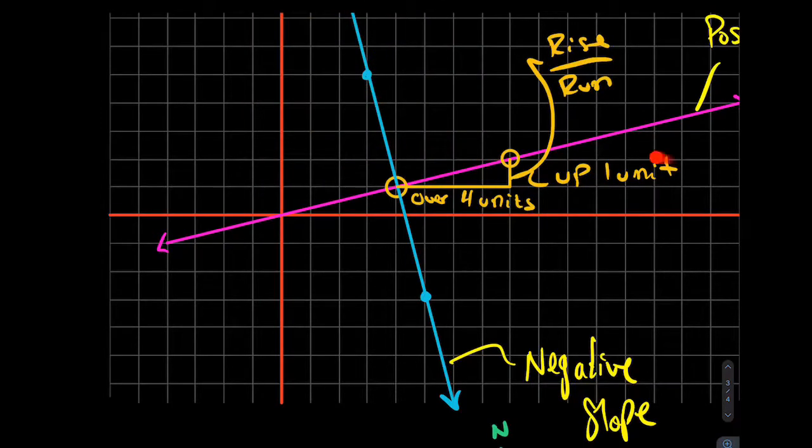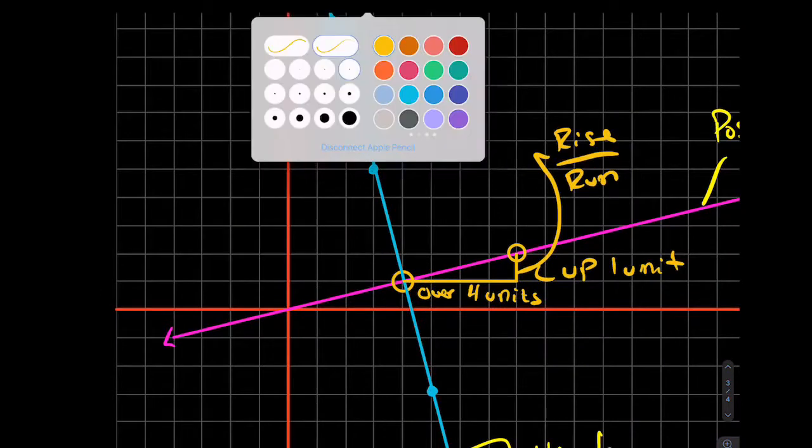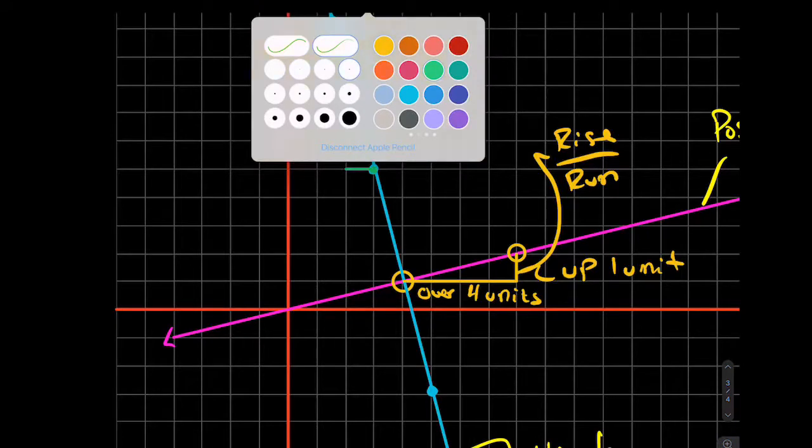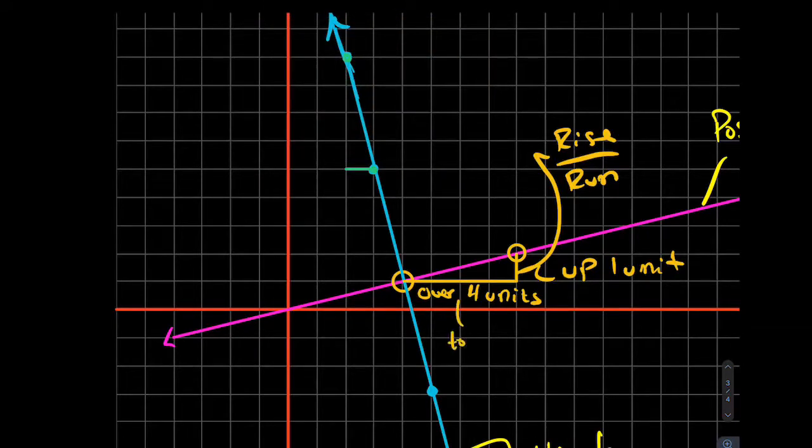So recall that we were going up 1 unit for this pink line and over 4 units. Well, what's going on with this blue line? Let's do a different color. I'm going to use these 2 points for my point of reference. It's going to the left 1 unit. So actually, let's put this over to the right.